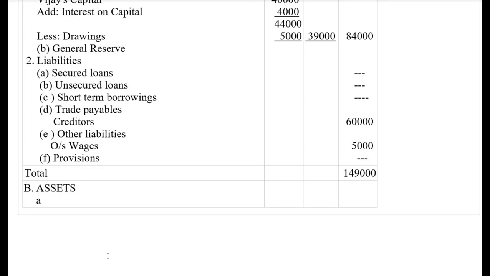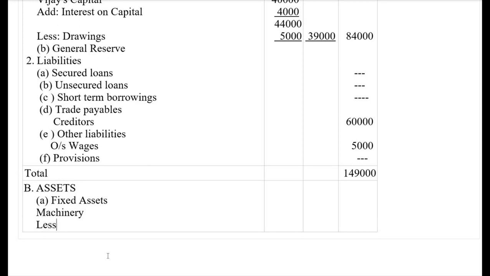In that A, fixed assets. So under fixed assets, we have got machinery less depreciation. Then similarly furniture less depreciation.